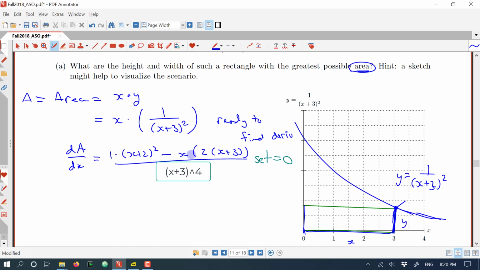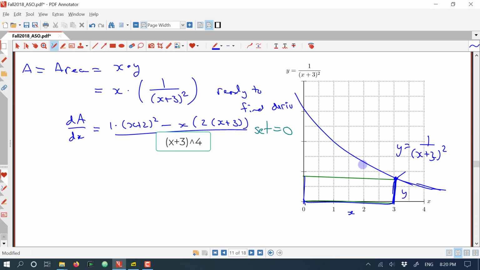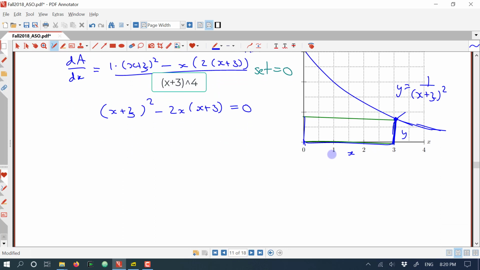The nice thing about setting things equal to 0 is that we can multiply across by the (x plus 3) squared, and it goes away. And so we end up simply with (x plus 3) all squared minus 2x times (x plus 3) equal to 0. I don't know why I keep saying x plus 2. We can't really solve that as is, so we better expand it out. We'll have x squared plus 6x plus 9 minus 2x squared minus 6x equals 0.